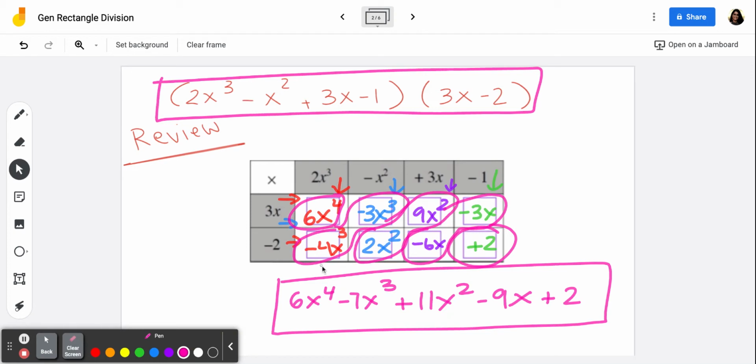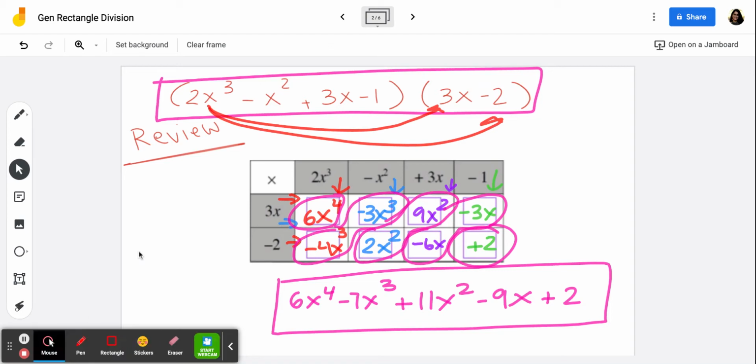Did I have to use generic rectangle? No, in fact, normally I wouldn't. I would just multiply 2x cubed times 3x, and then 2x cubed times negative 2, and then continue down. But we're about to do the opposite. So for the next 3 problems, polynomial division, right?